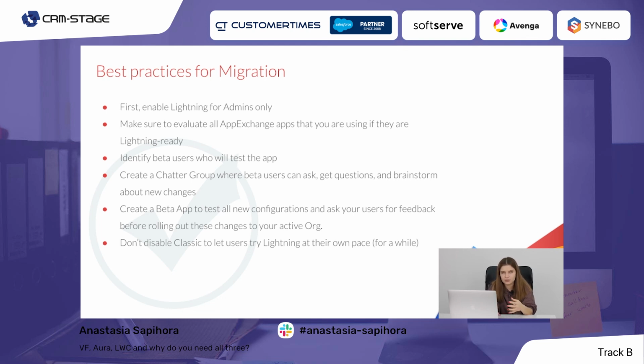Create a Chatter group where users will be able to discuss questions, issues, and brainstorm new features. Create a beta application where users will be able to play with it before you move this functionality to your active org. And do not disable Classic for users at the beginning. Let them switch back and forth for a while to get used to the system.